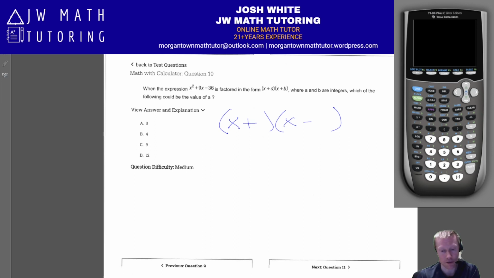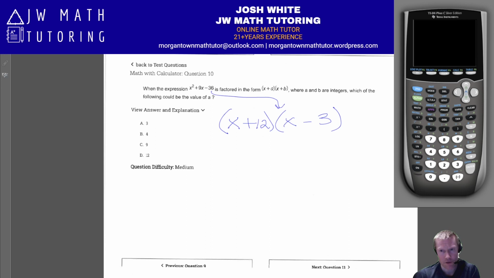So they're going to be plus and minus. And we're looking for some factors of 36, specifically -36, that add up to +9. So if we do that, it should be +12 and -3. So this expression is going to factor like this.